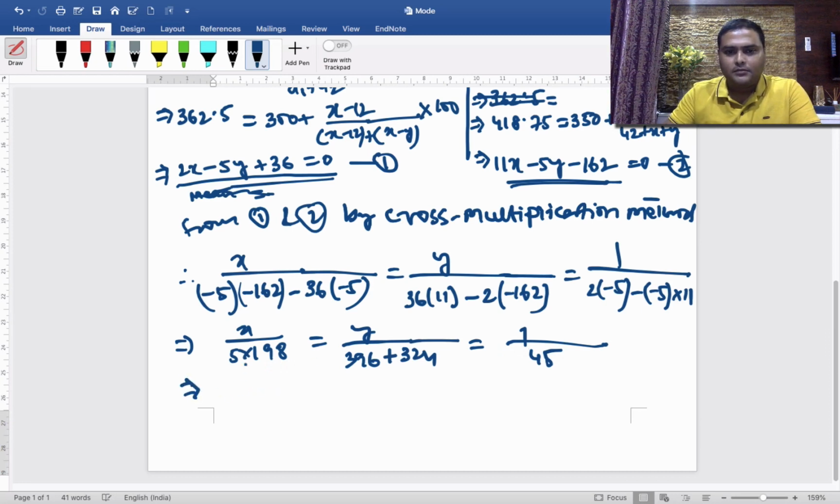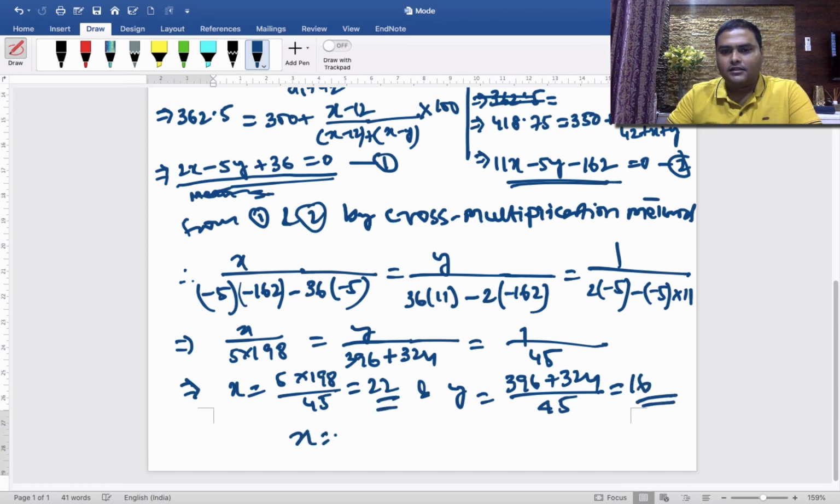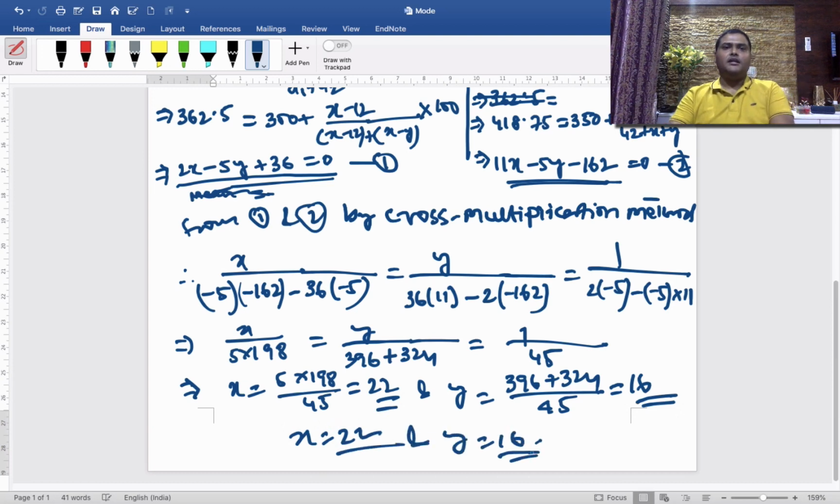So in this case we'll be getting x is 5 into 198 divided by 45, which equals 22, and y is equal to 396 plus 324 divided by 45. So if you calculate, we'll get y is equal to 16. So we have got x is equal to 22 and y is equal to 16 as the missing frequencies, right?